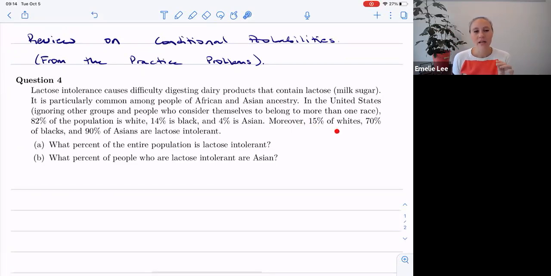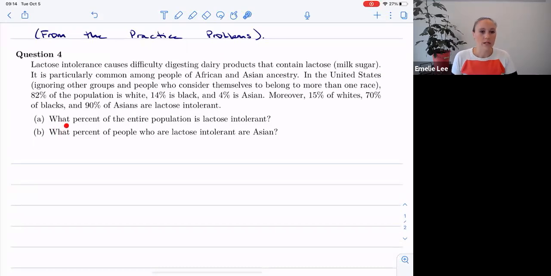So now, if you are white, then 15% have lactose intolerance, right? 70% of Blacks, right? So that means that you have to be Black. And then if you are Black, then 70% of those people would be lactose intolerant, right? And 90% of Asians are lactose intolerant.